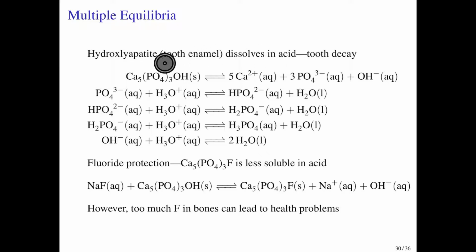If you eat acidic foods, this conjugate base here, which is fairly strong, will react with the hydronium. The hydroxide, of course, will react with the hydronium in acid as well. And so you'll wind up consuming these species if you have too much acid for prolonged periods of time. What that will do is cause this first equilibrium to shift towards the right, and so you wind up over time having decay of the tooth enamel.